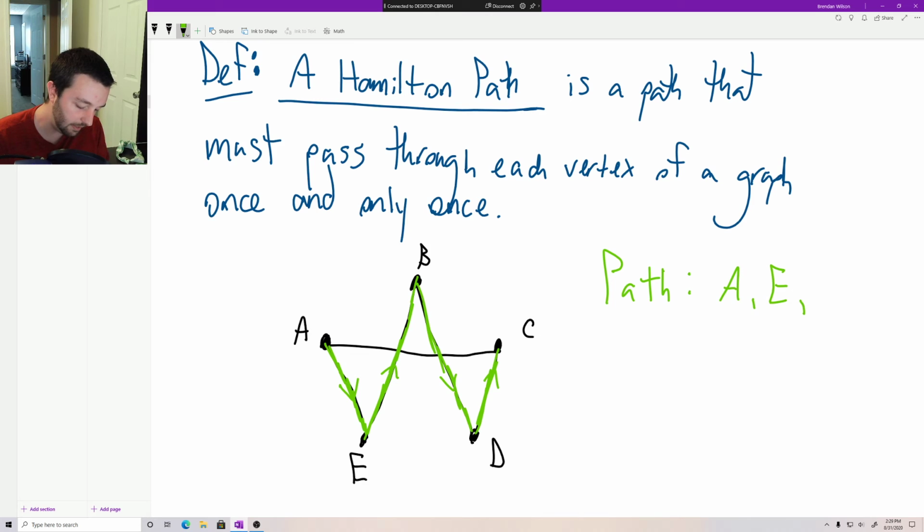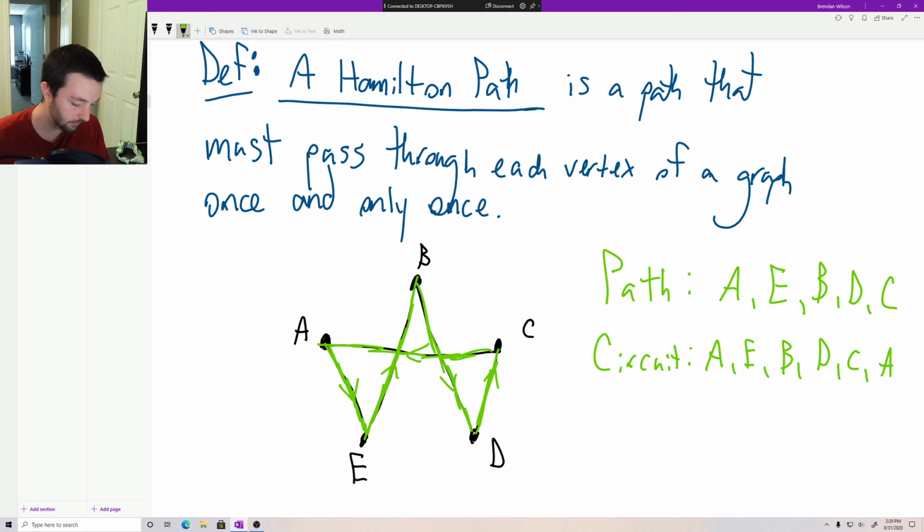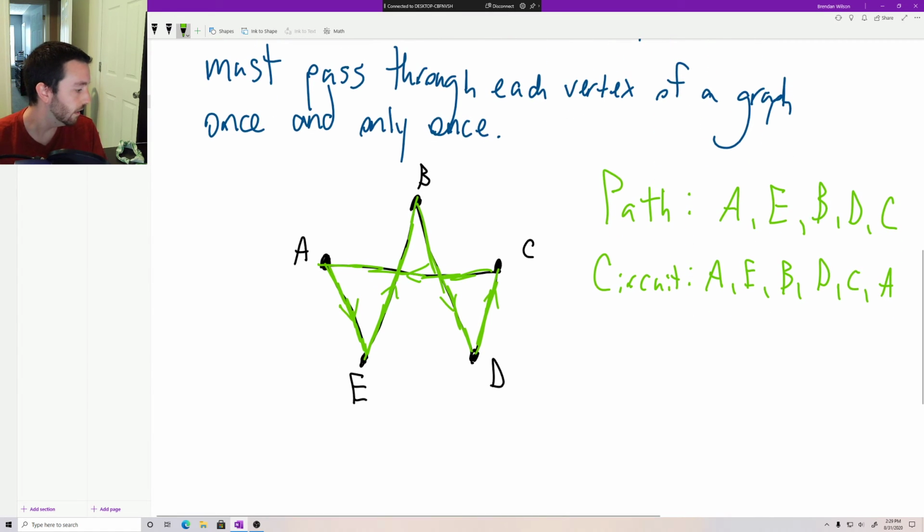So we have A, E, B, D, C. And if we want to make it a circuit, we can use that edge AC to just go back. So A, E, B, D, C, A. Okay. So nothing too bad on this one.